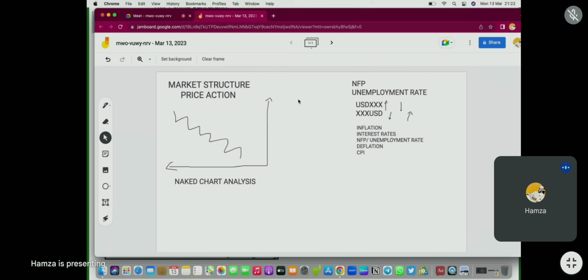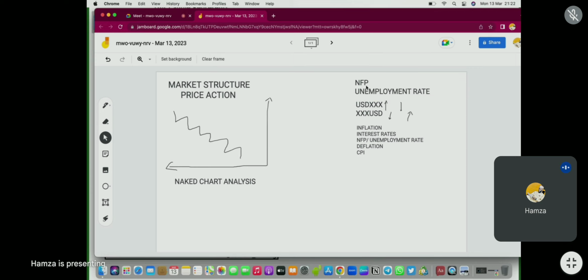NFP had a positive print. NFP seeks to measure the number of jobs, excluding the informal sector. I think it's the farm. I've forgotten. That's a nitty-gritty that you guys can look up later.